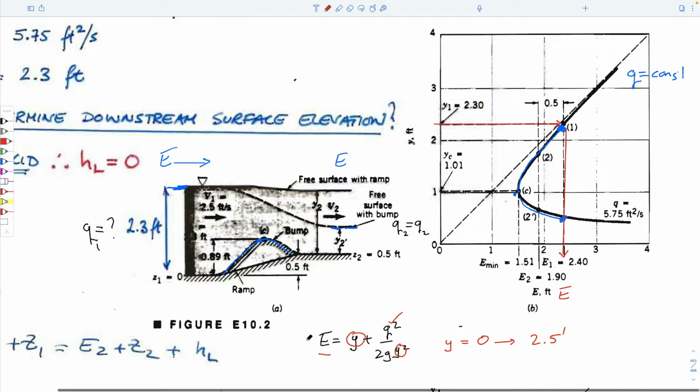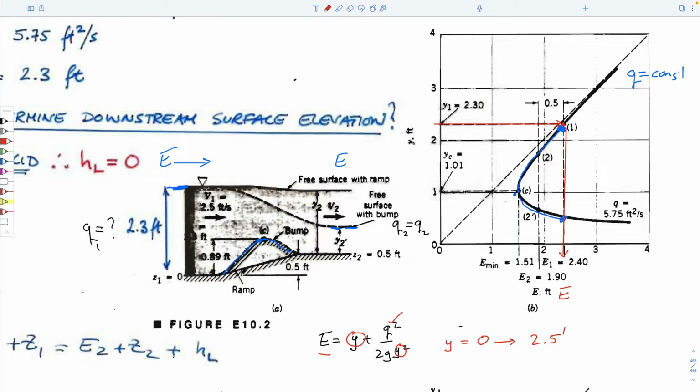And we could also get it by just putting 2.3 feet into this equation, and we get energy out of it. But what this says is that if we're subcritical at this point here, then this is the point where we are. And we could examine whether we could also be in this regime. Turns out we can't.